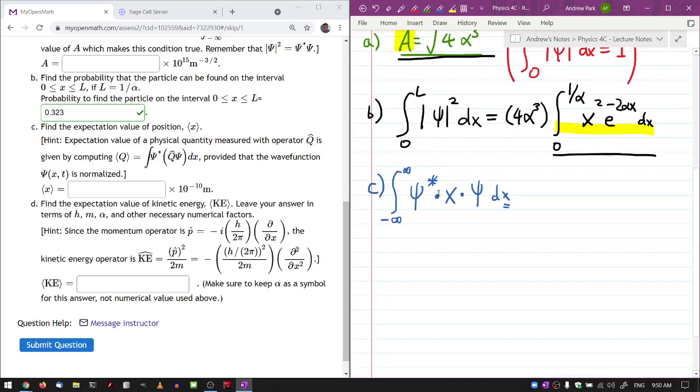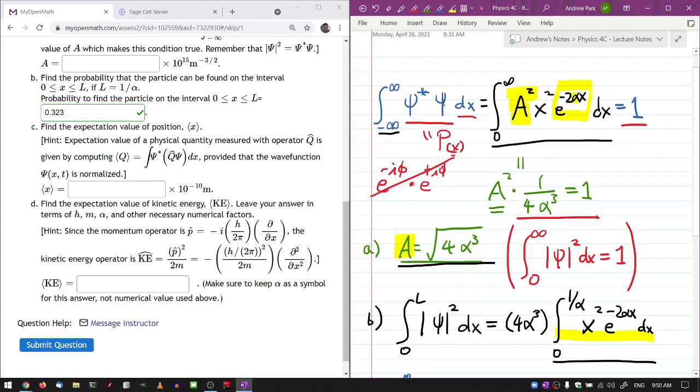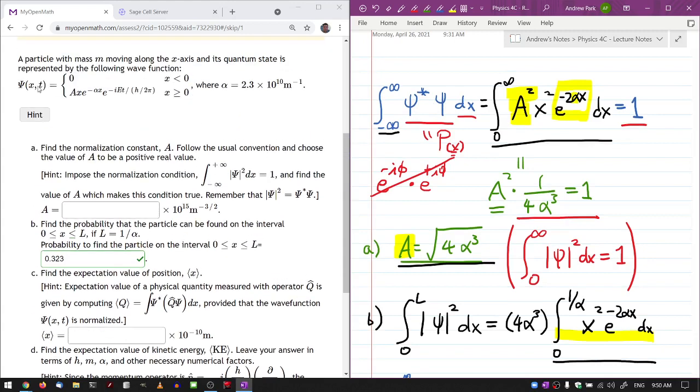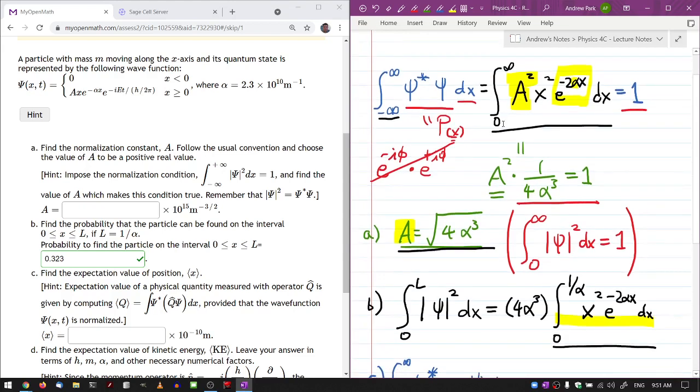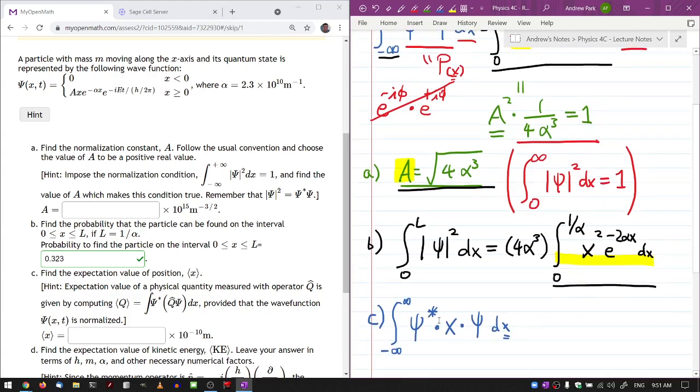Do mind the two different ways in which x is used in this particular representation. And I'm going to do the same simplifications again, because when I look at my definition of psi, for negative values of x my psi is 0, so my integral will simplify down to just 0 to infinity again. And note how this multiplication by x doesn't really change anything, it has no impact on the wave function.